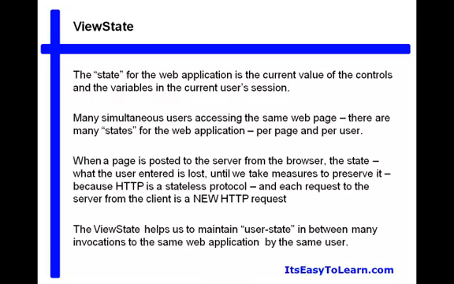Suppose you are using your browser and accessing yahoo.com, and I am sitting here at my desk and using my favorite browser. I am also accessing yahoo.com. So yahoo.com has one application which is serving both of us.